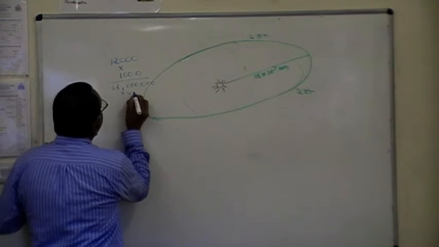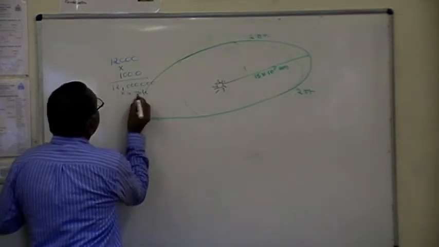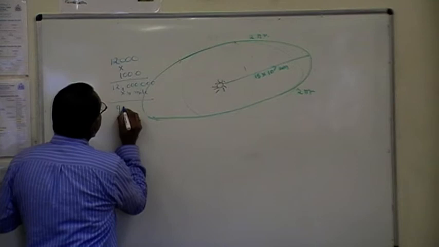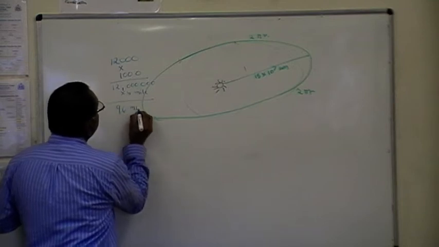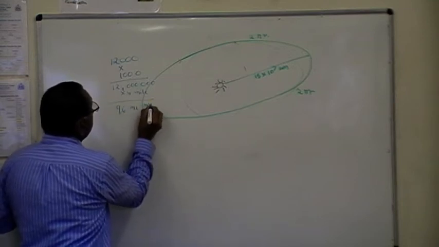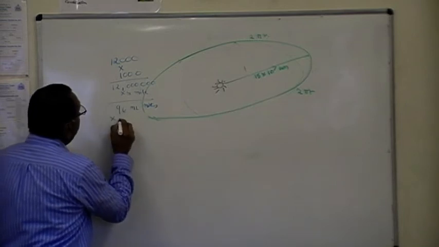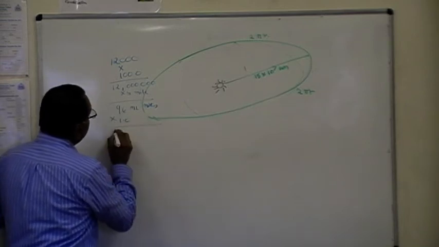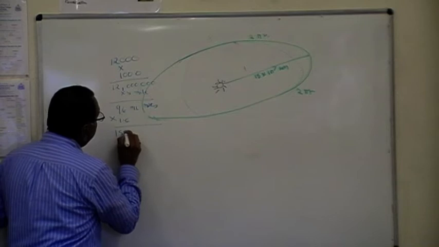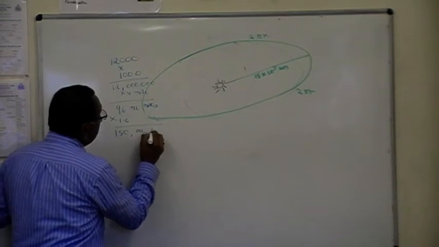Multiply by 8 miles, so it comes about 96 million miles. And multiply by 1.6, it comes about 150 million kilometer.